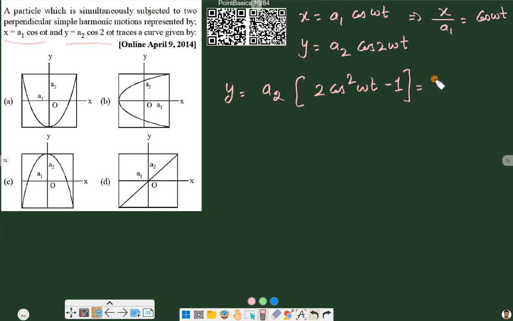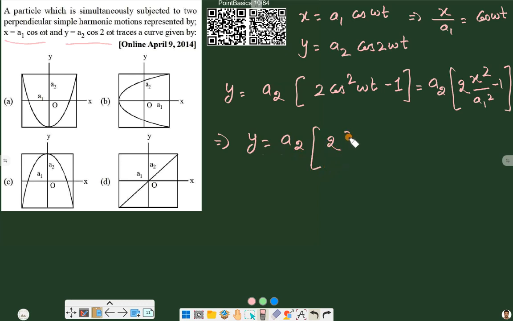So this can be written as a2 times twice x square by a1 square minus 1, and so y is equal to a2 times 2 x square by a1 square minus 1. So this is the form of a parabolic equation.